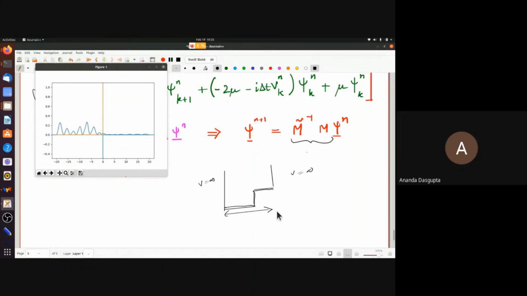Of course you can improve upon your algorithms in other ways, but those things will be too complicated to do. But you can easily show off things like tunneling. Instead of using a step, you could use a rectangular well and then show tunneling. But you saw exactly what happens at a step. It almost goes through with hardly any change if the energy is too big. If the energy is too small, it bounces back.